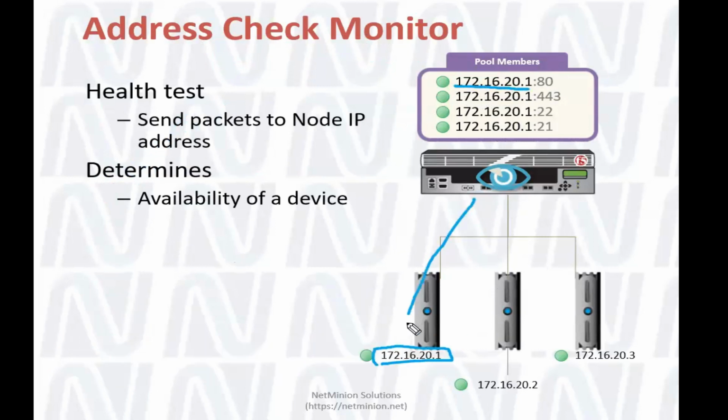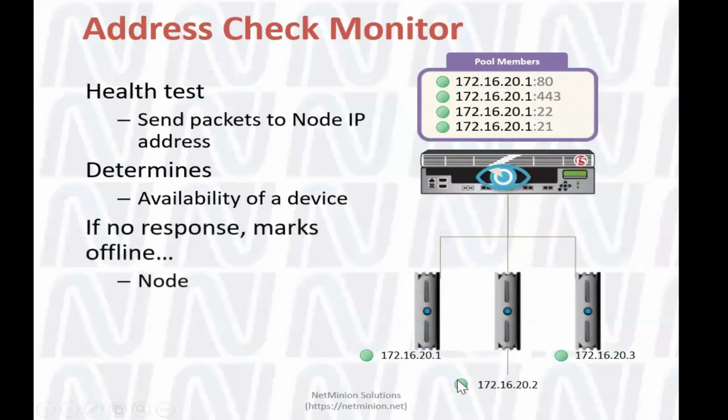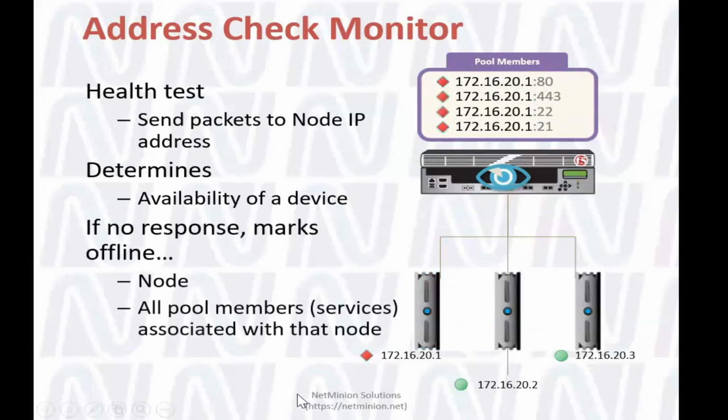And since you are checking this particular address, all the services running on it will get impacted if this address is down. Okay, very basic, what we talked about. Let us say it is just asking, and there is no response. It will make the whole node offline, and all these services will become offline. Very simple one, address health check monitor.